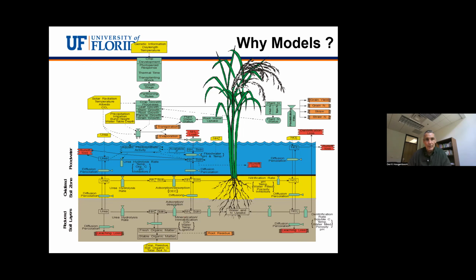We have to deal with processes such as photosynthesis, respiration, biomass allocation, water uptake, transpiration, and many of the soil processes, both physical and chemical. We're trying to translate all these different processes into a set of partial differential equations, which allows us to predict growth over time, predict development over time, and ultimately get to yield and some of the yield components.